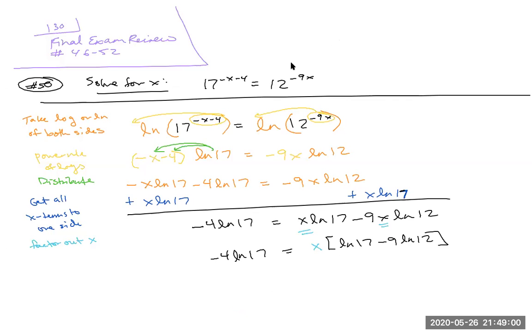Oh well, no wishes. Okay, so what do we need to do now to isolate x? We just need to divide out the long ln part.